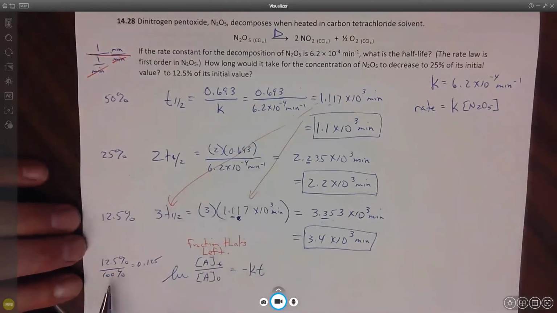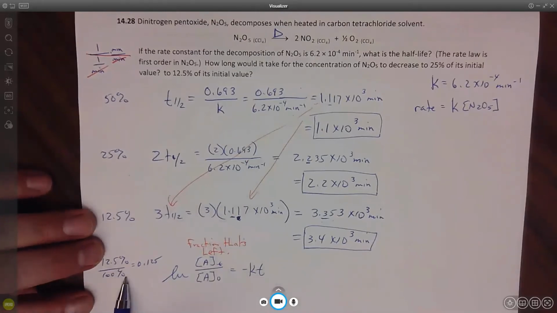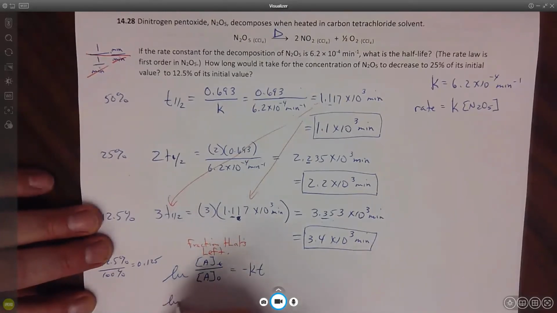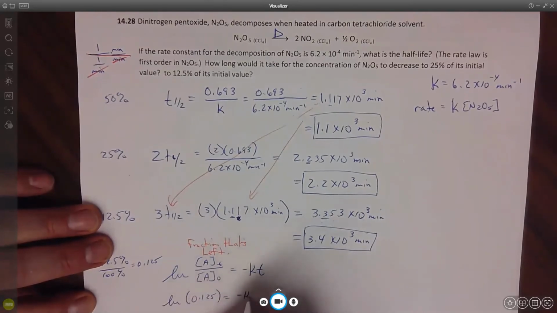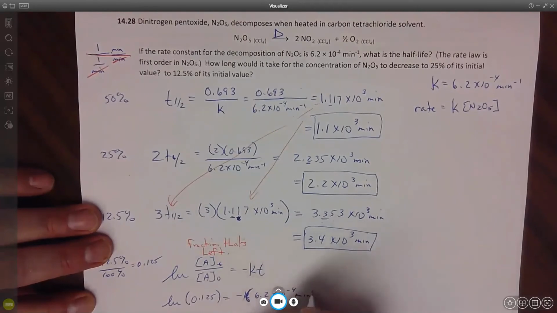So if I want to know when there's only 12.5% left, I just take the ln 0.125 equals negative kt. Now k we know, right? So k is 6.2 times 10 to the negative 4 per minute. And that gives us our t.